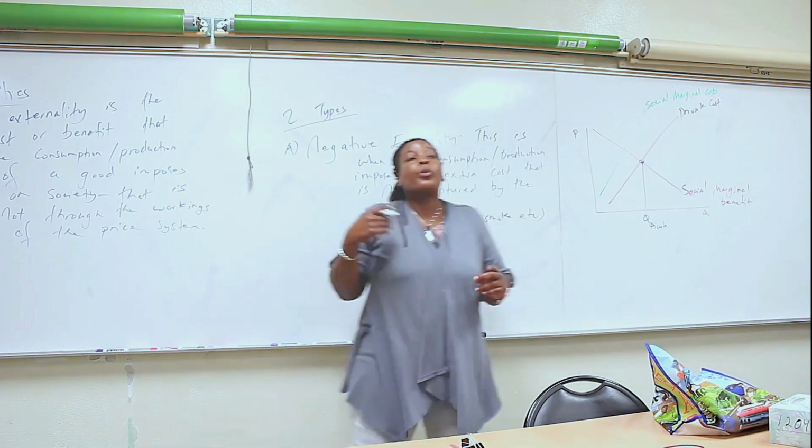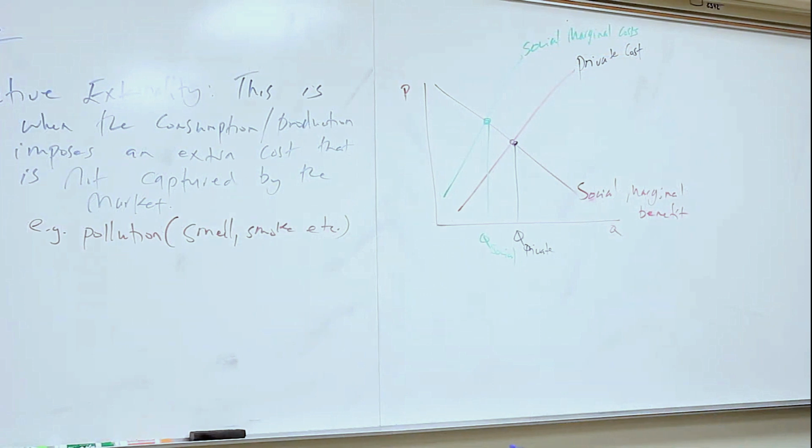This is what is appropriate for society, the social marginal cost, this quantity. It's called Q social. So if we force the firm to take into consideration what's good for society, that's what we're denoting as social, then the appropriate quantity is Q social.